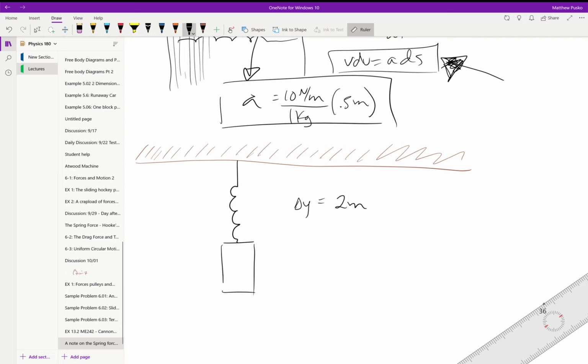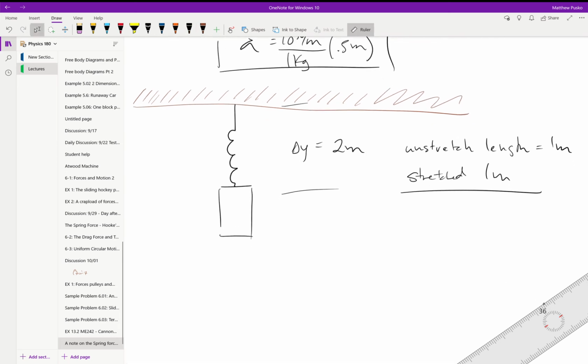But they say its unstretched length is equal to 1 meter. Well, that means it's stretched 1 meter. From that we could figure out the spring force.